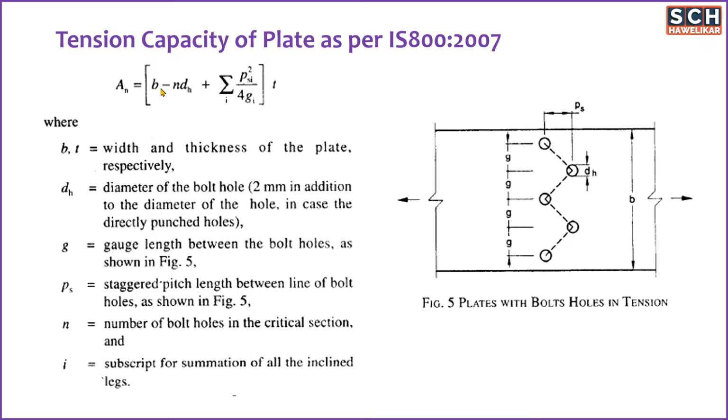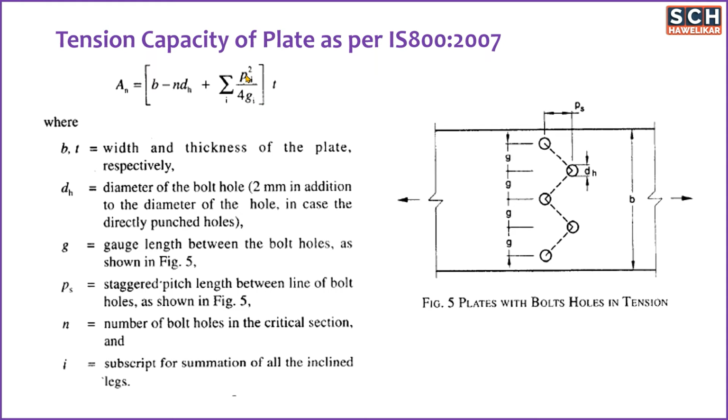So the same formula, B minus n d0 into t, but you can observe we are adding something to the basic formula. It means that in case of zigzag bolting, the net area of the plate increases.